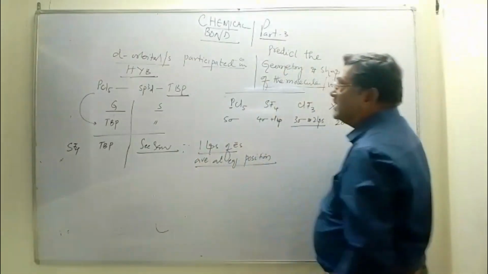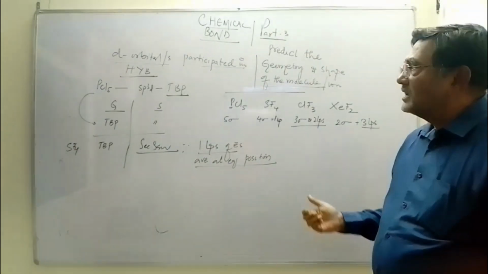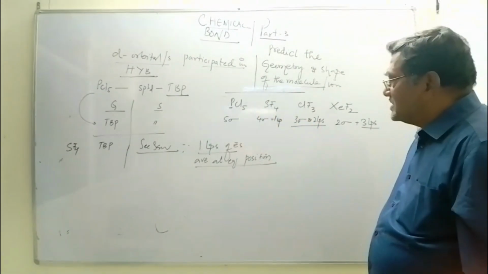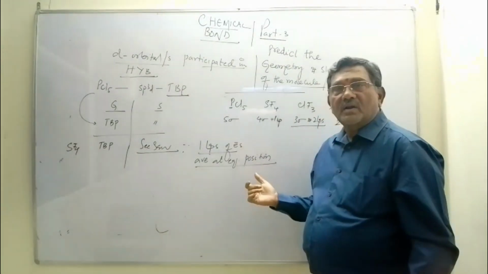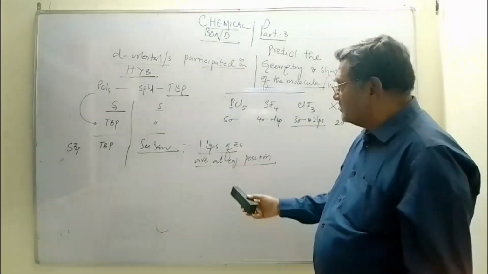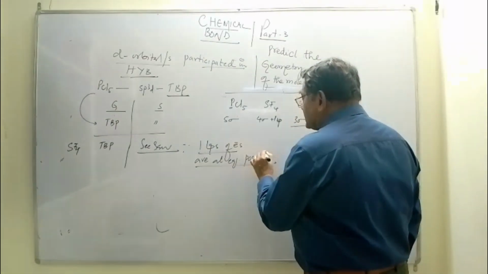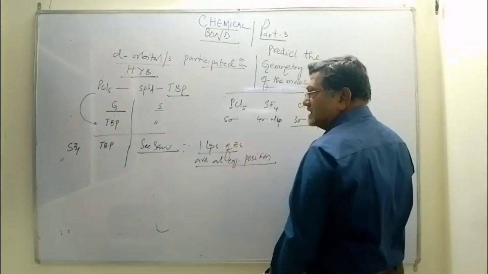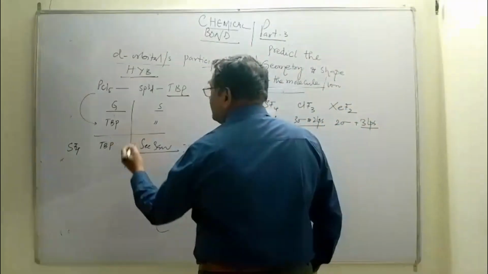In sp³d, the lone pairs preferably go to equatorial positions but not axial. Why? Because of the electronegative character, which we will discuss later. So that's what is going to be here.